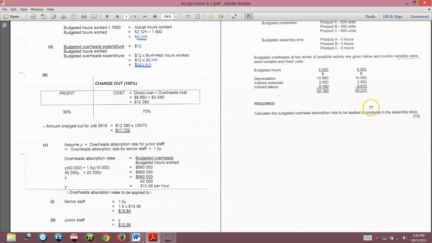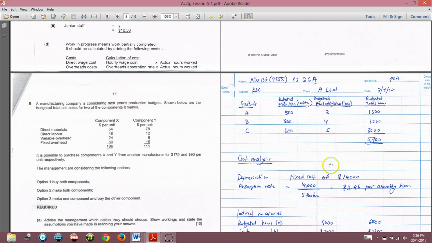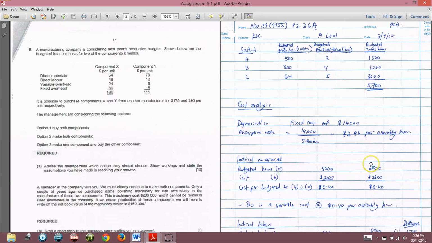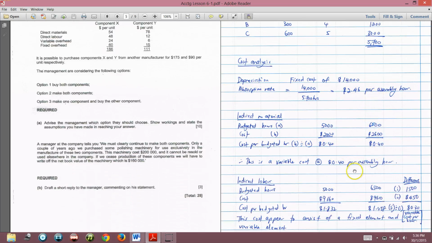That means we have to calculate the overhead absorption rate one by one. Depreciation is an overhead, indirect material is an overhead. So for depreciation, the absorption rate is $2.40 per assembly hour. For indirect material, the absorption rate is 40 cents per assembly hour.